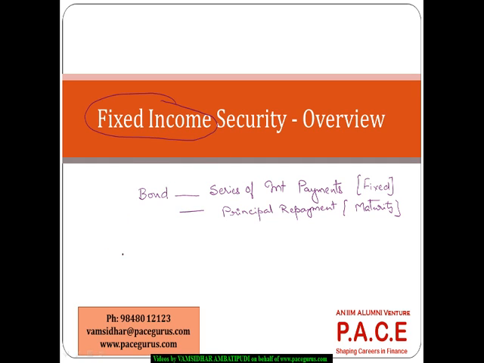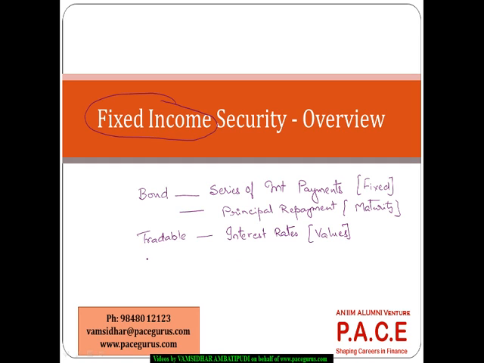That's a broad characteristic of a bond, and we see that some of these bonds are tradable in the market. And what we typically see is, depending on how the interest rates in the market are changing, the tradable values of this particular bond also change accordingly.